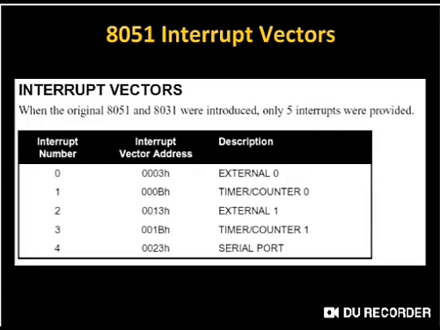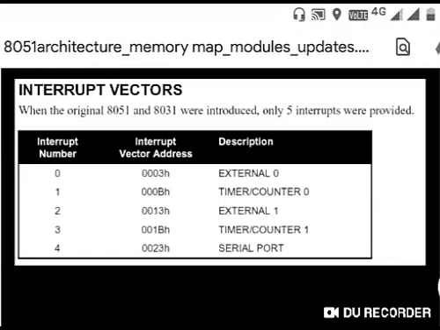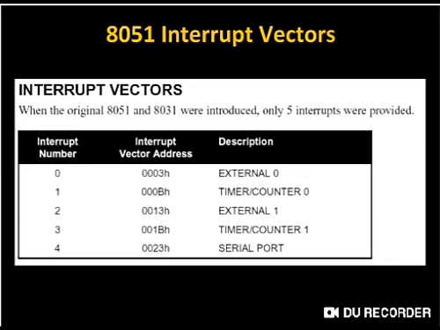So how do you write, and where do you write, the interrupt service routine? Take the first interrupt, external interrupt 0. As you know, there are two external interrupts, external interrupt 0 and external interrupt 1. Whenever you want to write an interrupt service routine for external interrupt 0, the interrupt vector address is 0003H. This is the location where you are supposed to have the starting instruction for your interrupt service routine.